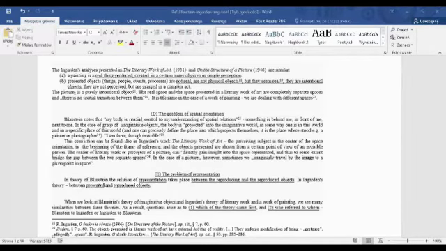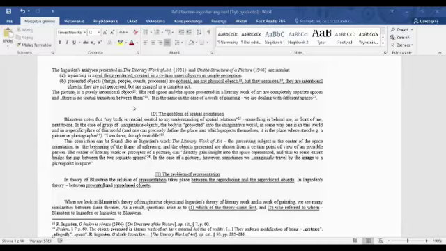They are intentional objects, they are not perceived, but are grasped in a complex act. The picture too is a purely intentional object. The real space and the space presented in a literary work of art are completely separate spaces, and there is no spatial transition between them. It is the same in the case of a work of painting. We are dealing with different spaces.